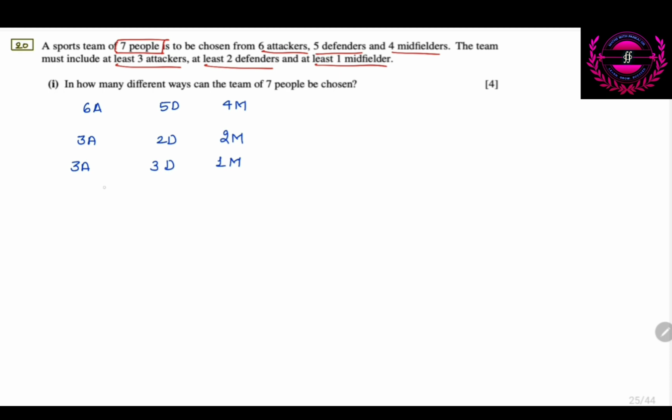Now, 4 defenders cannot be there with 3 attackers, because then it will have 0 midfielders, which is not the condition. So now I have 4 attackers with 2 defenders and 1 midfielder. That's it. No more options.